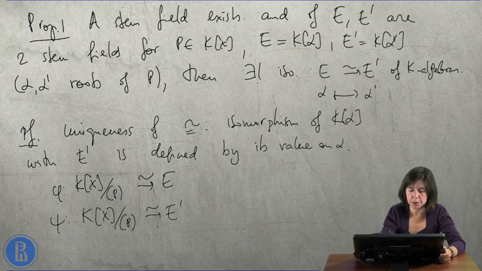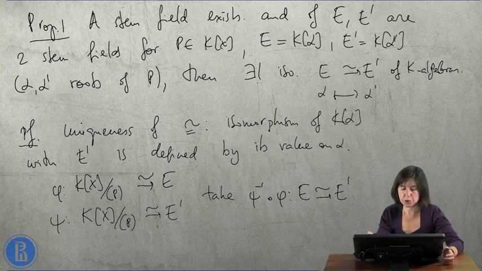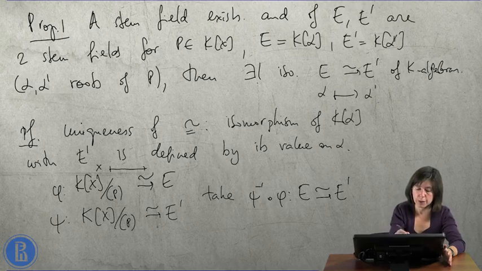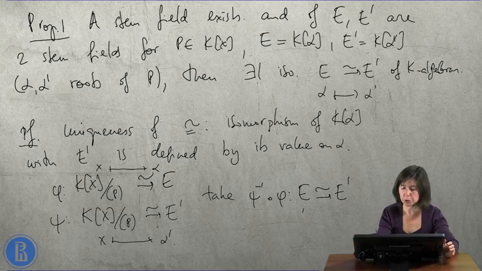And I just take psi minus 1 times phi. This will be an isomorphism between E and E prime. And of course, it will take alpha to alpha prime. So here it takes x to alpha. Here it takes x to alpha prime. So my composition will take alpha to alpha prime.